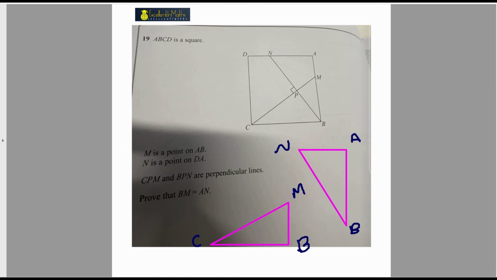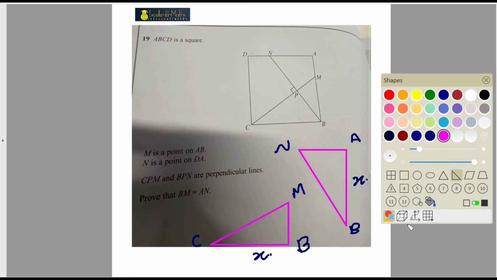Let us use algebra here to help us. So we know that this is a square. It means this side is supposed to be the same as this side. Okay, so let us call that x and that's x. And I'm going to use the idea of the perpendicular lines here to help me as well. So let me use the x axis and the y axis as well.